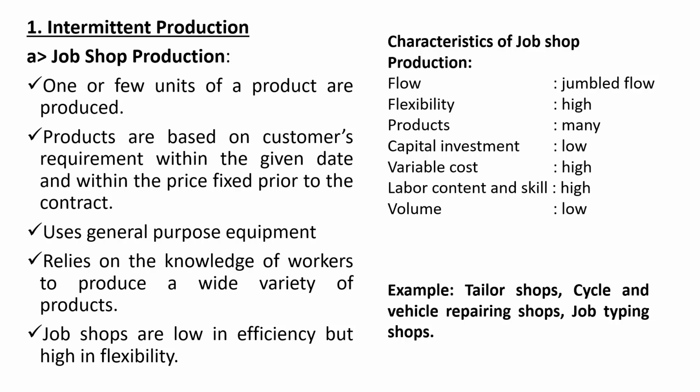So the characteristics of a job shop production are: jumble flow, high flexibility, many variety of products can be produced using low capital investment machines, variable cost is high, labor content and skill is also very high, and the volume of production is low.